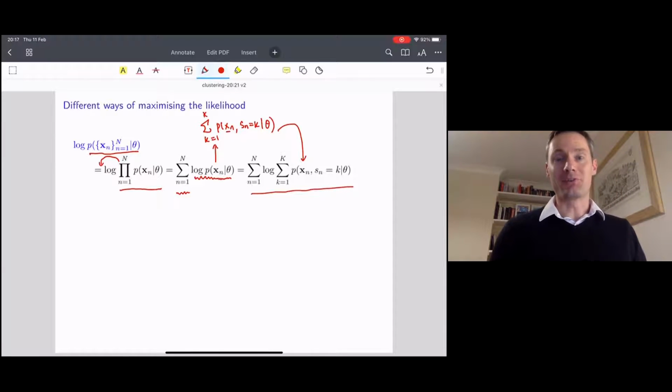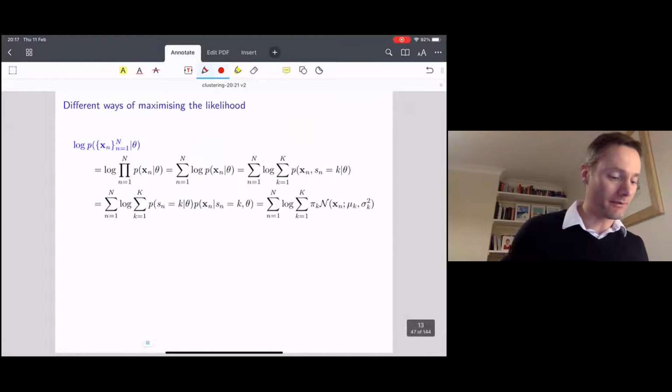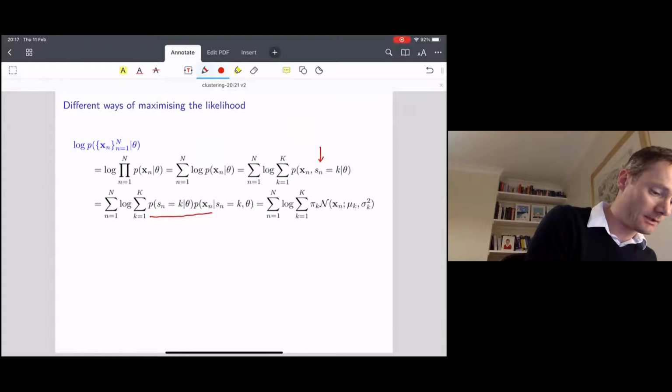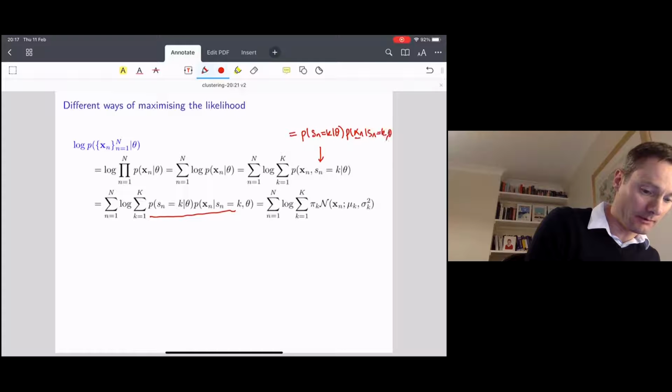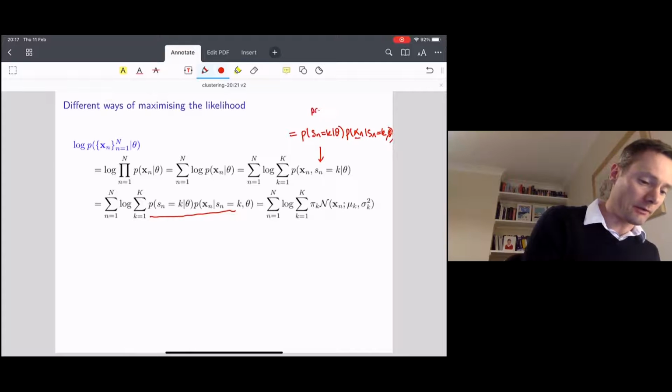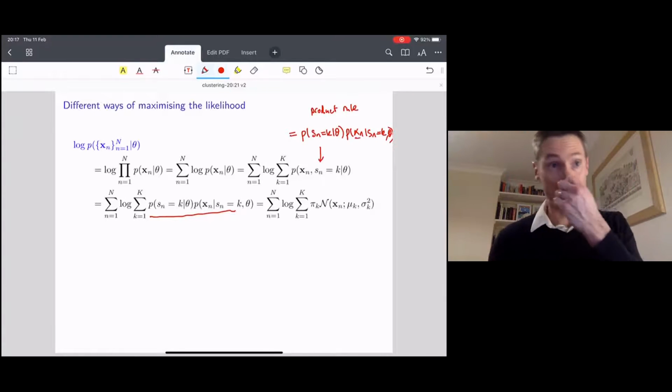So we're close to being able to relate this to our model. The next step is to substitute in the product rule. I'm going to say this thing is equal to the probability of Sn equals k given theta times the probability of xn given Sn equals k and theta. And these are things that are both specified by our generative model.